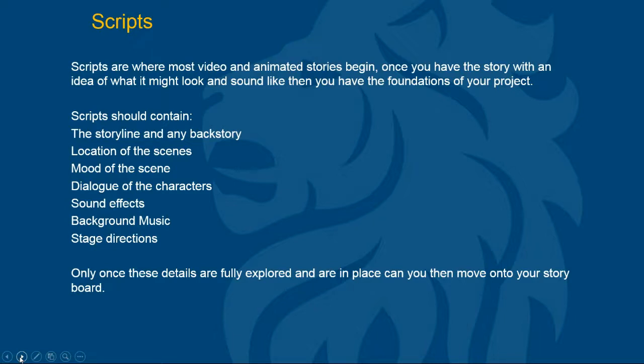You're going to know what type of scenes you're going to divide it up into, how many people you're going to need, possibly where the scenes are going to be, any backstory, the moods of the scene, the characters and what they're going to say, what sound effects they're going to need to augment the dialogue, background music, and stage directions. All of these things go together, and once they're fully explored and in place, then you can move on to the storyboard and put those down in the order that they're going to need to be done.